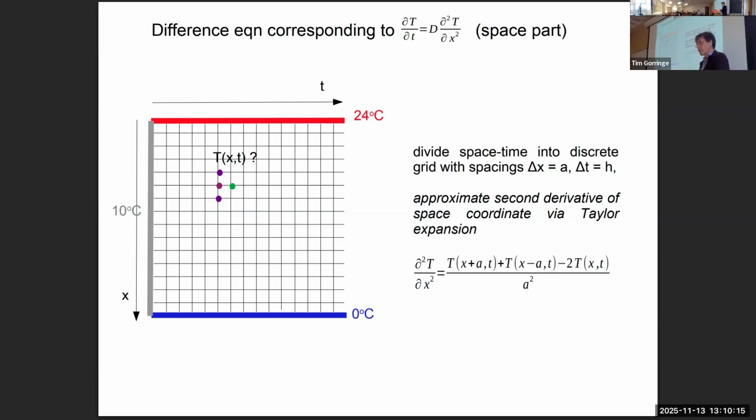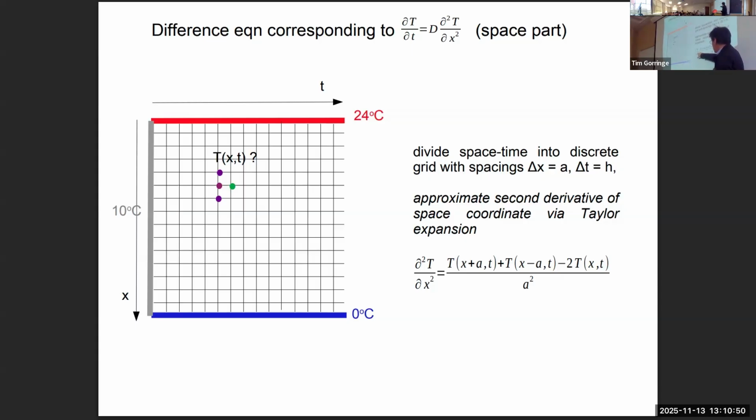The curvature of a function, as a difference equation for your discretized space, can be written like this, involving the function at 3 separate locations. With 3 separate locations, you can sample enough to find an estimate of the curvature. It's like sampling enough with the Taylor expansion to get an estimate of the curvature. And this is the expression for the curvature.